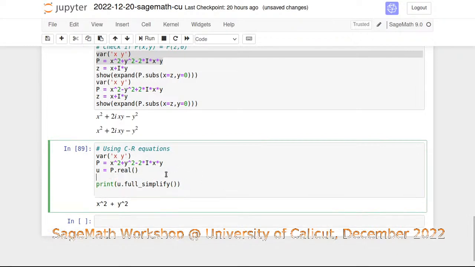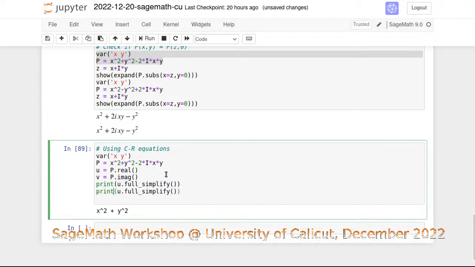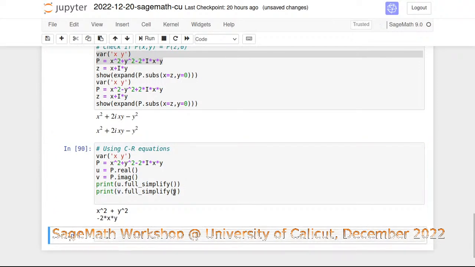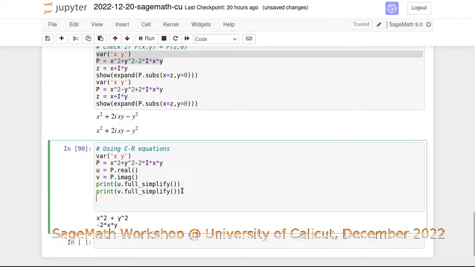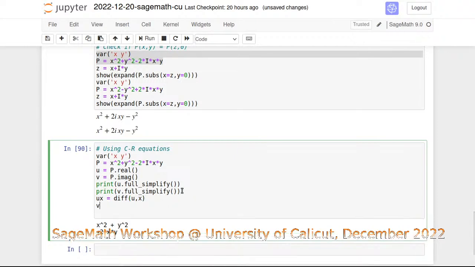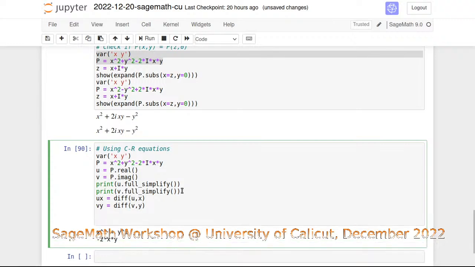So U equal to P dot real and V equal to P dot imaginary, and therefore it gives some complex expression otherwise. So U and V are here, minus 2ixy. Now what do we need to check? Ux and Vy. Ux equal to differentiate U with respect to x, and Vy equal to differentiate V with respect to y, and print both.